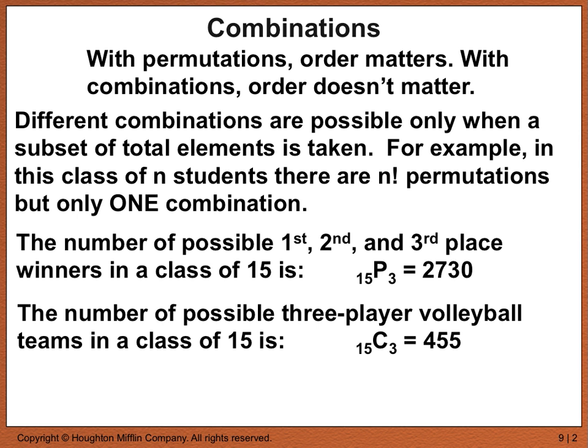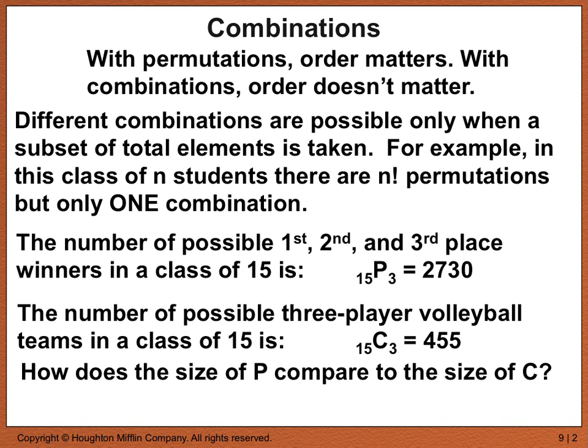But let's see if you can observe something. How does the size of P compare to the size of C? Obviously, P is a lot bigger. So we can see that the permutations, or 15P3, is a lot bigger than the combinations 15C3.